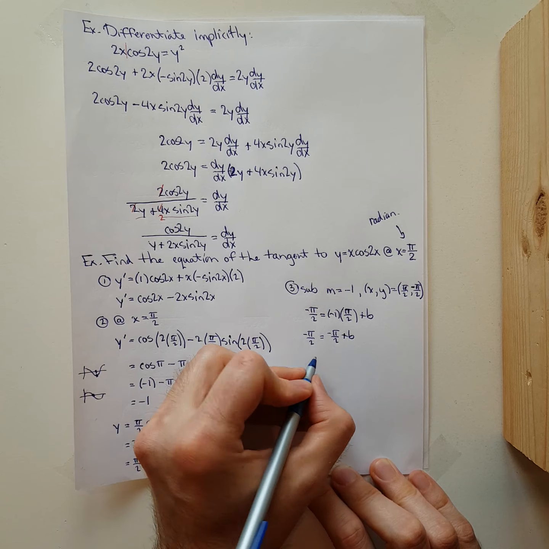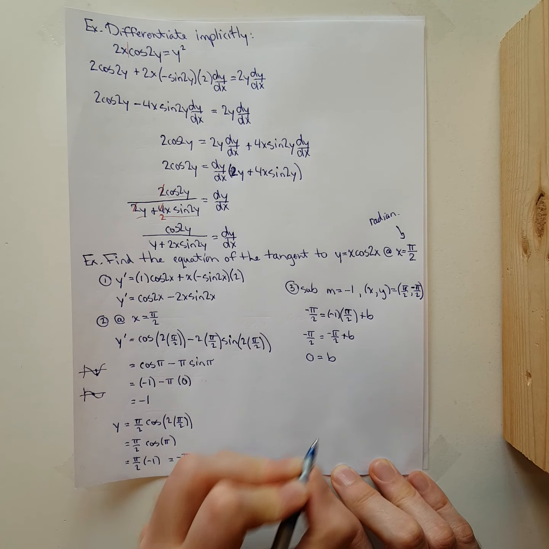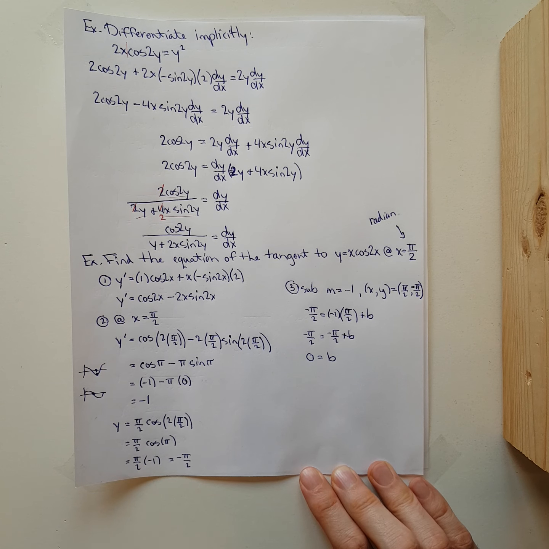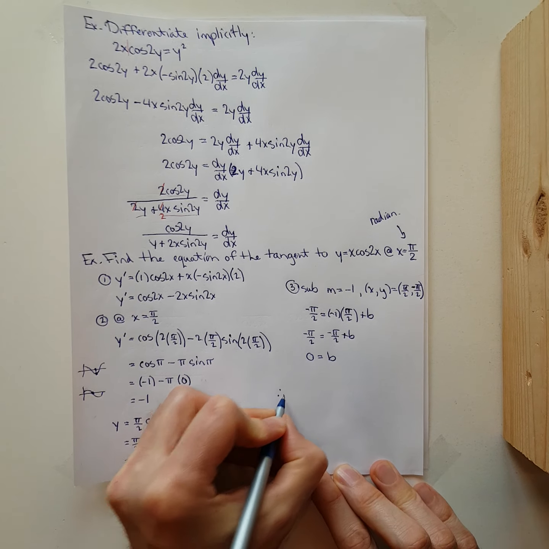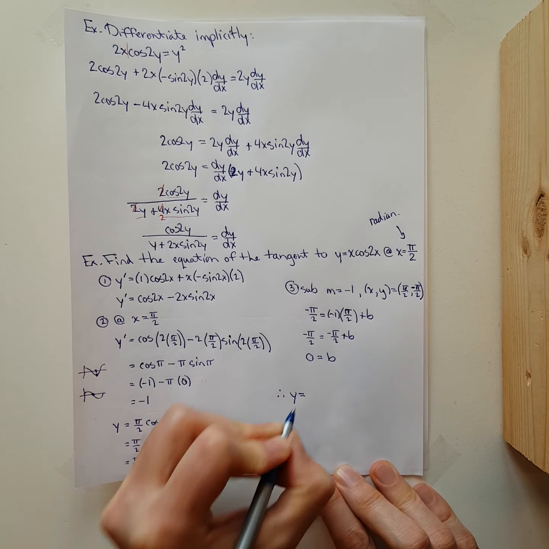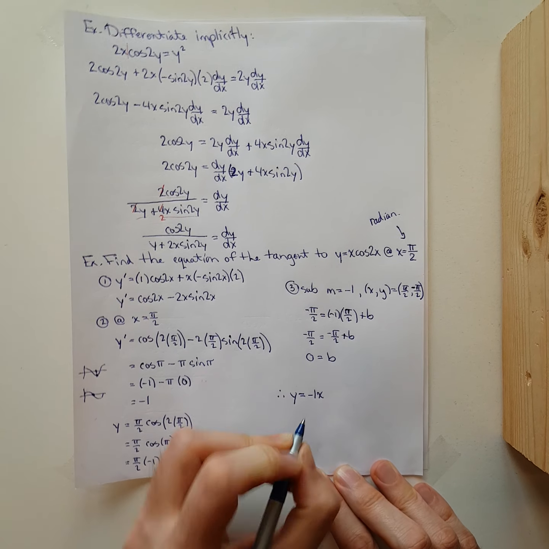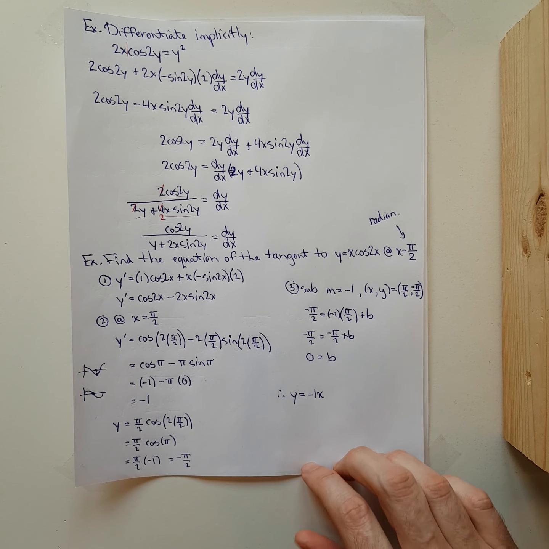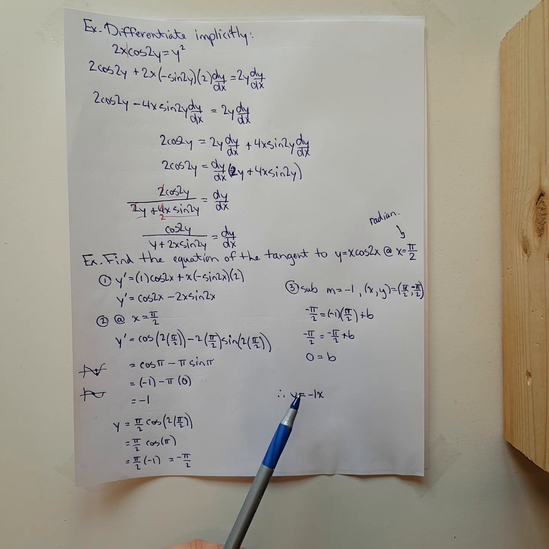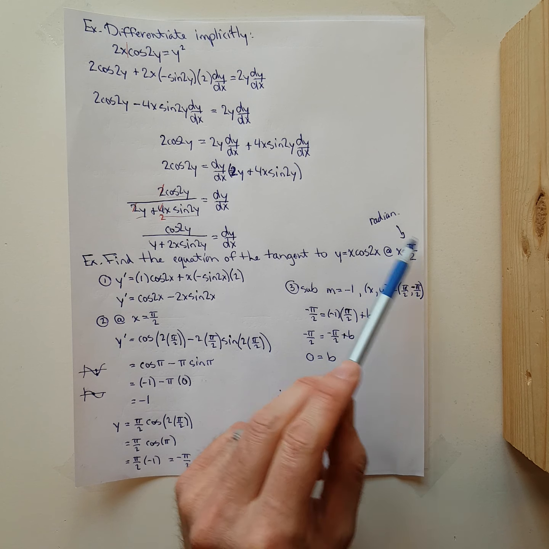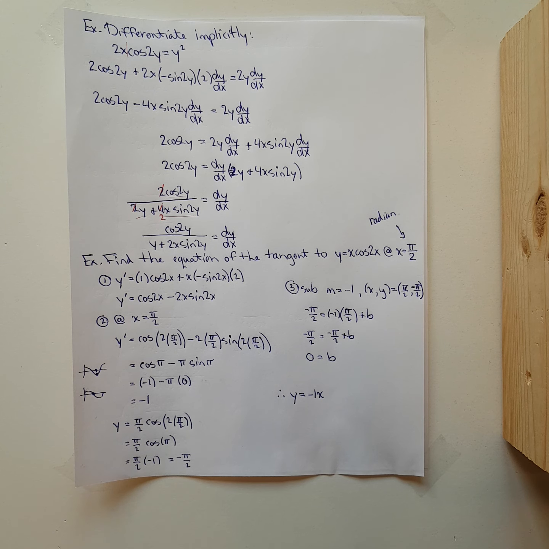If I add pi over 2, we end up with 0 is equal to b. Therefore, in this case, the equation is y equals our slope, -1, x plus b, and b is just 0. So there is the equation of the tangent to this curve when x is pi over 2.